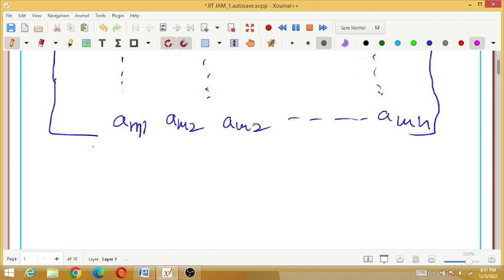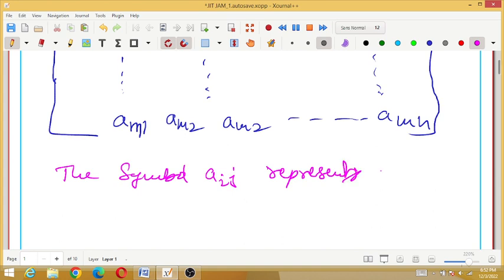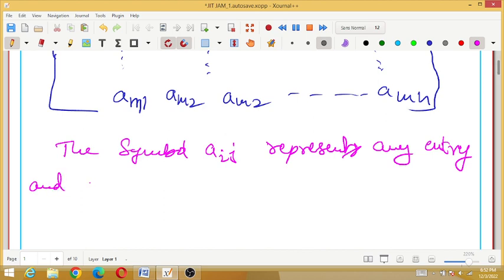My dear students, this is the symbol of elements. This symbol Aij represents any entry of the matrix, and this Aij is the entry in the ith row and jth column.